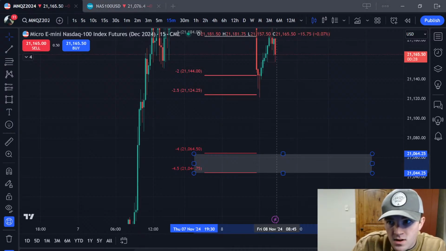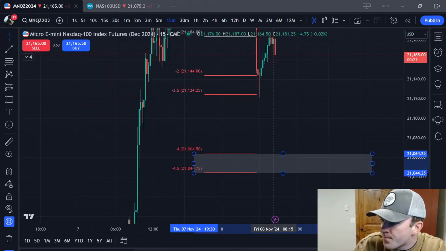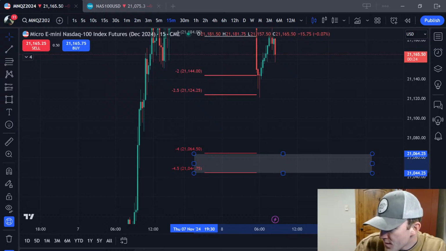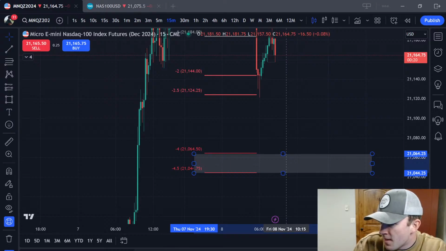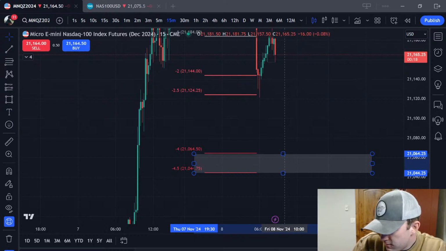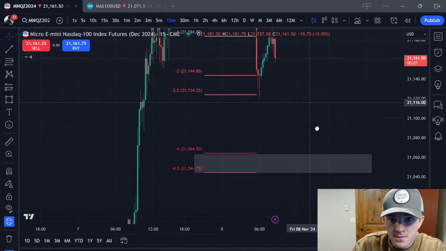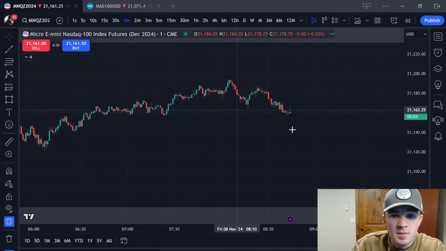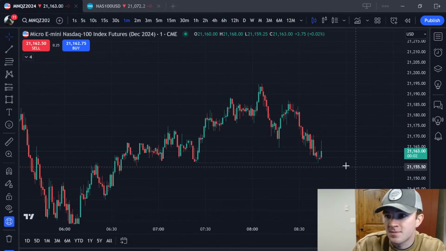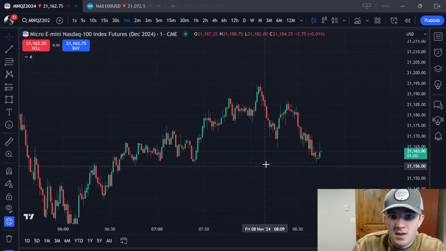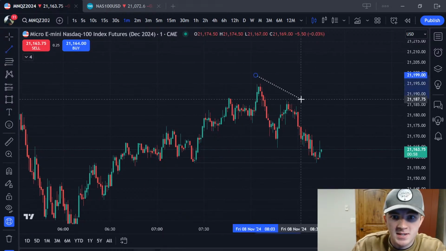Now, I'm gonna pull up my other charts just to make sure I see any SMTs, I don't miss anything. We actually just got an SMT on the 1 minute. Now I know it's a 1 minute SMT, so it's not weighted a ton, but there is an SMT at these highs here.